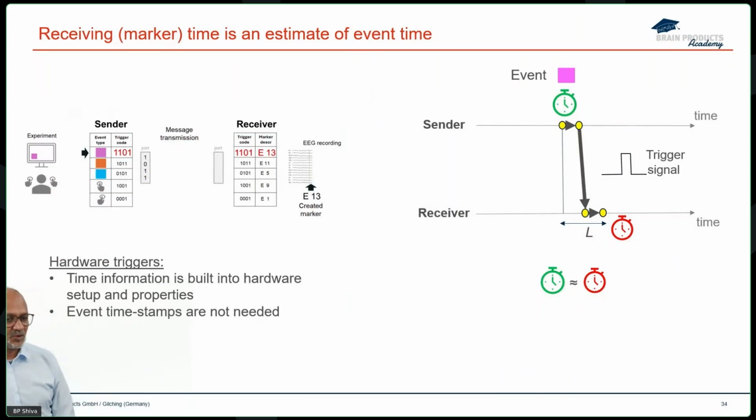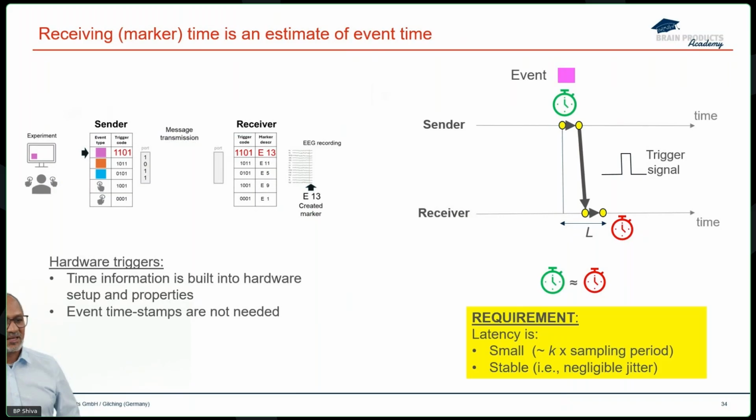And in this way, time information is built into the hardware setup. This is a crucial idea for the use of hardware triggers, where the event leads to triggers that are rapidly sent to the receiver. When the latencies are very small and stable, and often they are if you have a good setup, then the marker time, the receiver time, is a very reasonable estimate of when the event occurred.